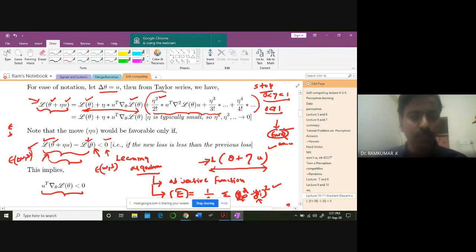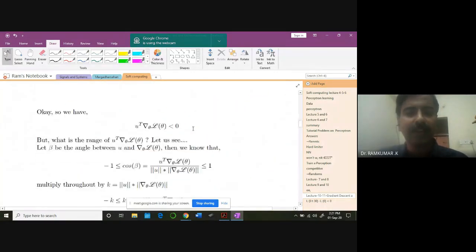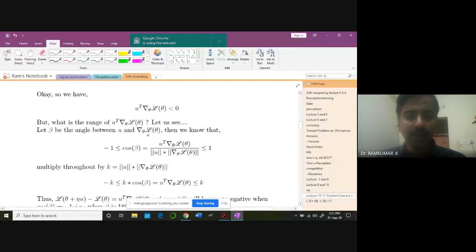So for this to be satisfied, we need the gradient multiplied by this u transpose, which is nothing but del theta, equal to u. Del theta is what? The weights and biases. Those two dot product should be less than 0, that is the condition. It's a dot product, a cosine angle.